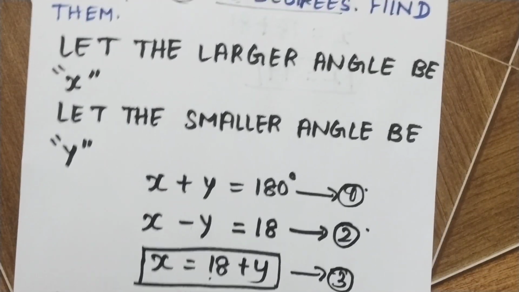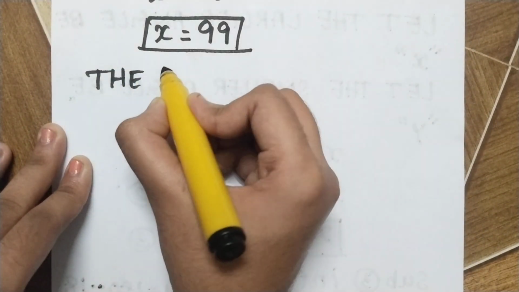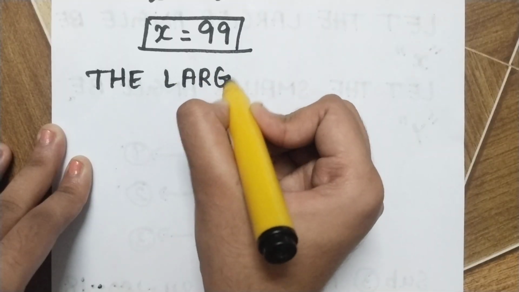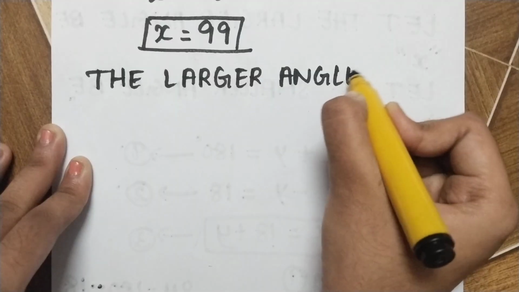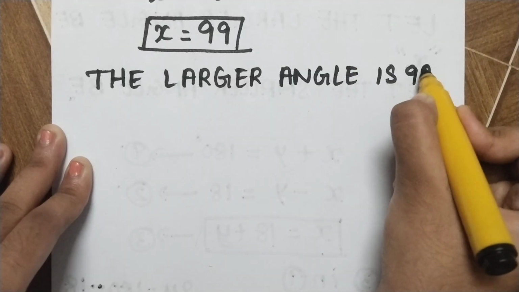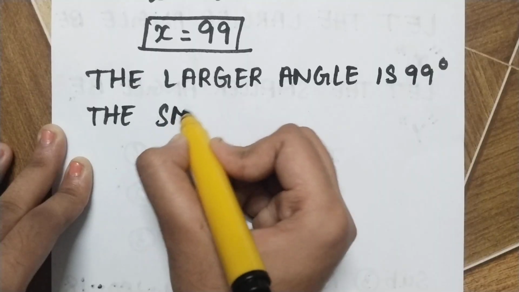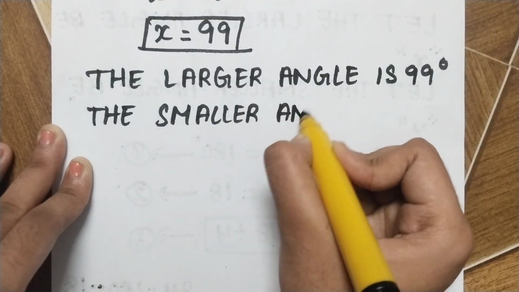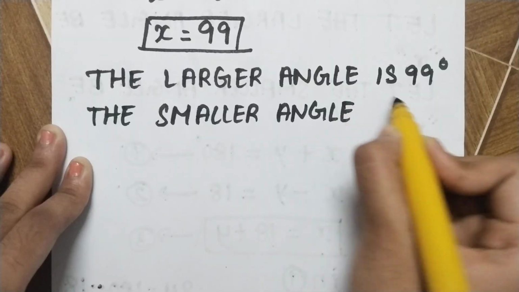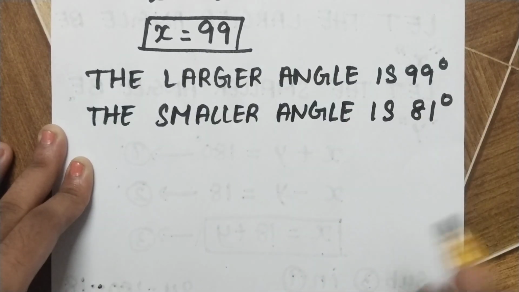So at last we can write: the larger angle is 99 degrees. The smaller angle is 81 degrees. Clear?